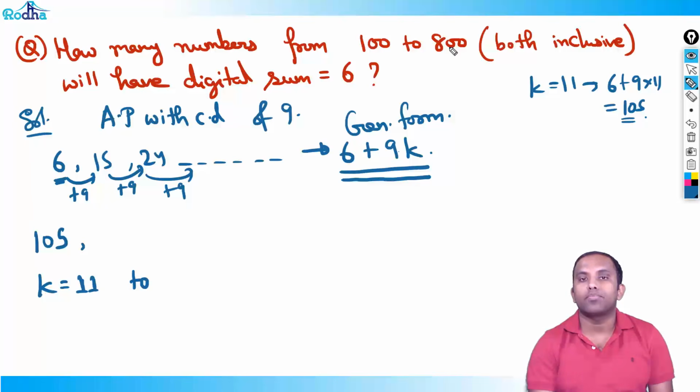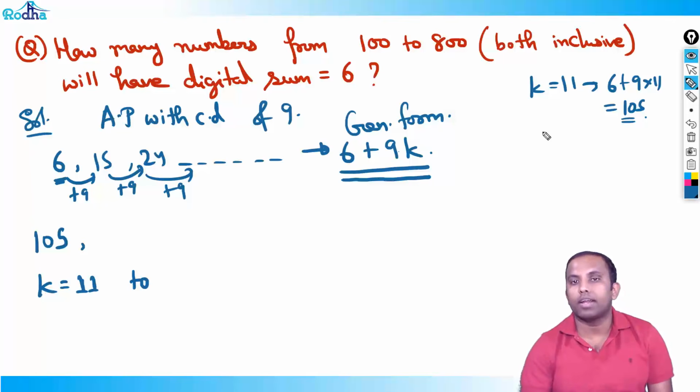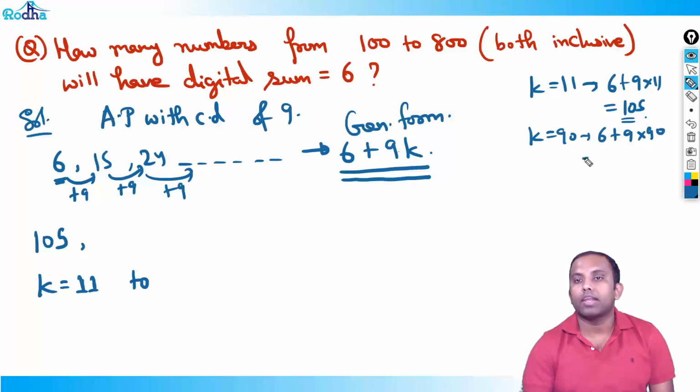Till 800. Let's observe a multiple of 9 near 800. Around 90 times. At k equal to 90, 6 plus 9 into 90, 9 9s are 81, it becomes 816. But I want just less than 800.